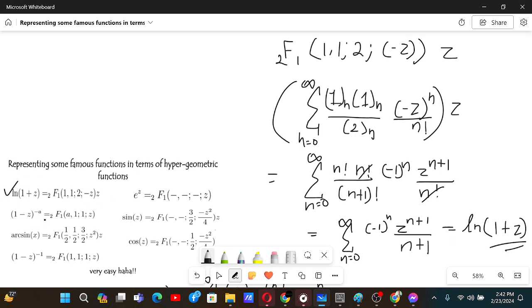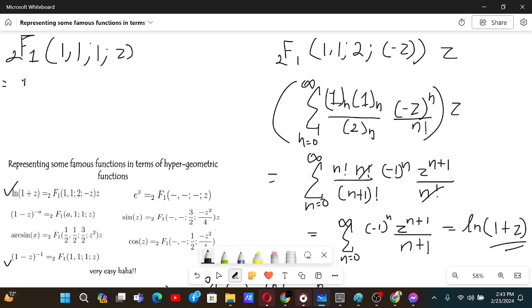Now let's go to the second one. Let us go from the last, that will be nice. Let's go with this one. This is the ordinary hypergeometric function 2F1 of 1, 1; 1; g.